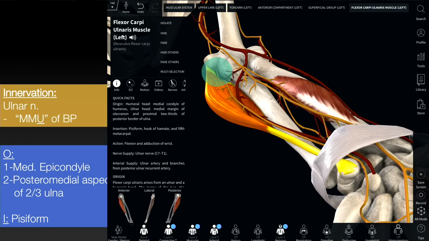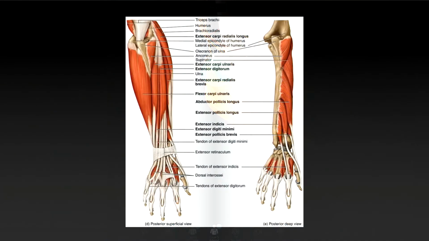And when you bang your elbow against a desk, computer, something, you are activating, depolarizing, or irritating this nerve. It's very exposed in this area. So that's it for the pseudo-anterior compartment.